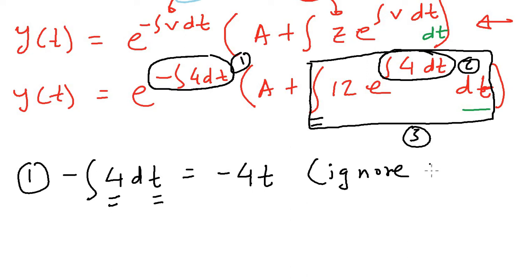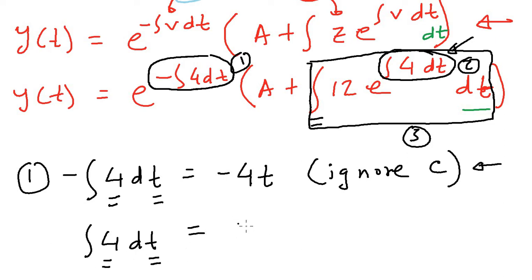Remember, generally in the intermediate steps the c is ignored. So now you can find this second integral here. It's almost the same, except there is no minus. So this is a constant, independent variable is t, therefore the original integral is going to be 4t. Again we are going to ignore c.